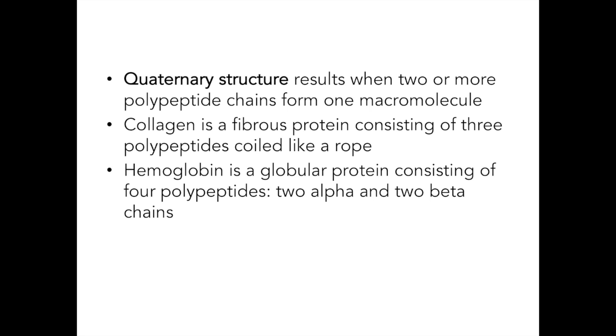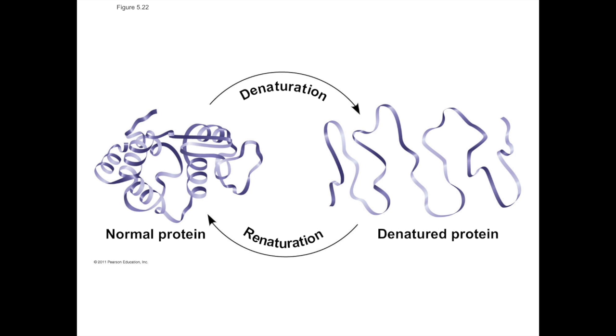I didn't talk about collagen, but hemoglobin is a globular protein, or like a blob, consisting of 4 polypeptides, 2 alpha and 2 beta chains. Another thing that can happen with proteins is that if you change the chemical conditions, you can uncoil the protein. And sometimes you can reverse this, sometimes you can't.